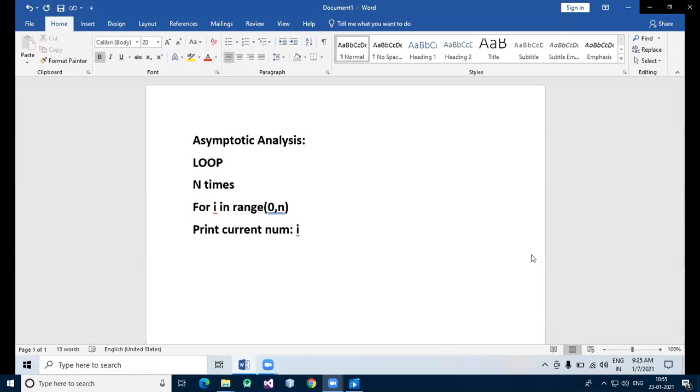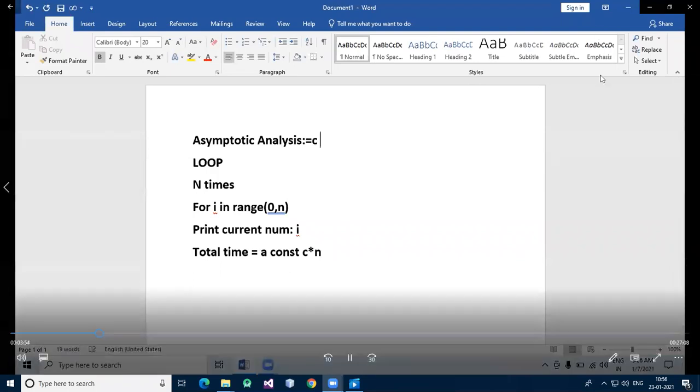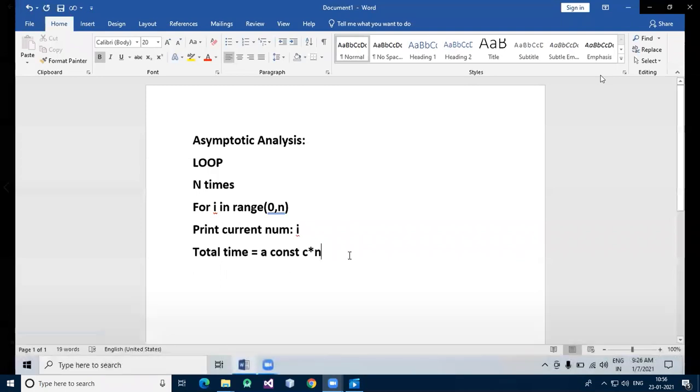Therefore, total time is equal to a constant, indicated by C. We have studied this in my previous lecture, right? Then times n is equal to Cn, which is equal to O of n. So this is the type of loop.